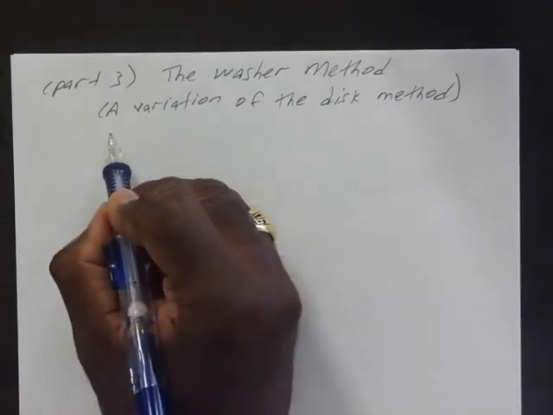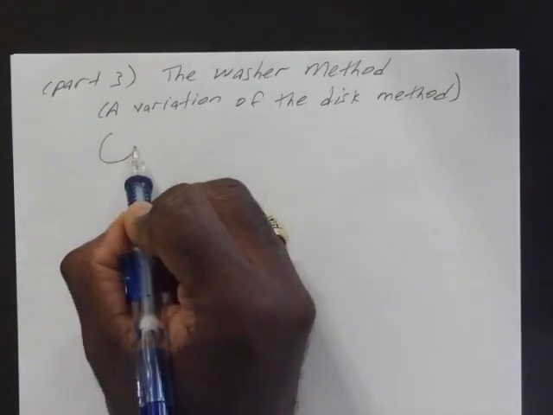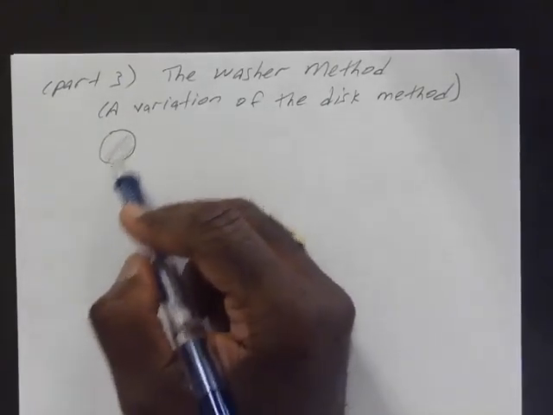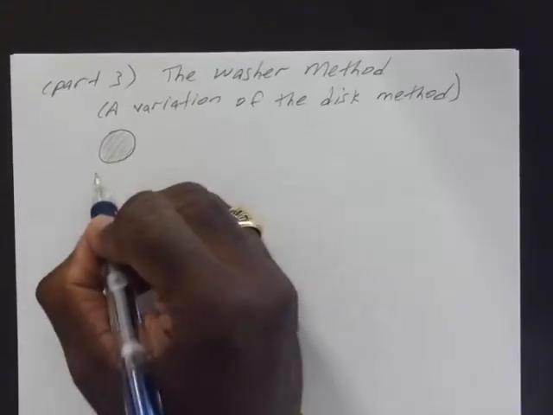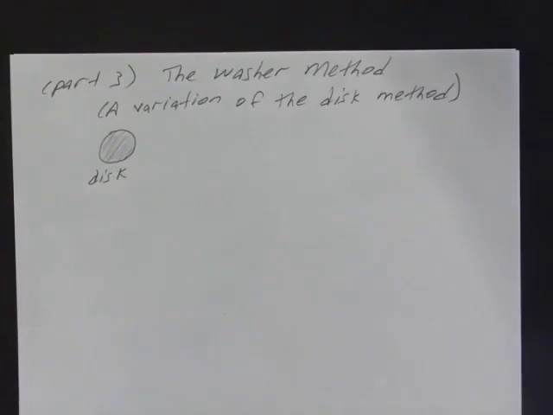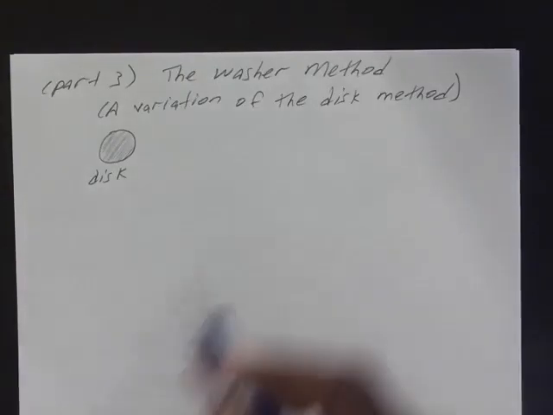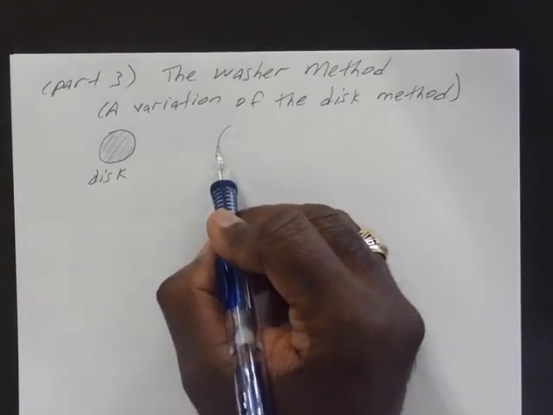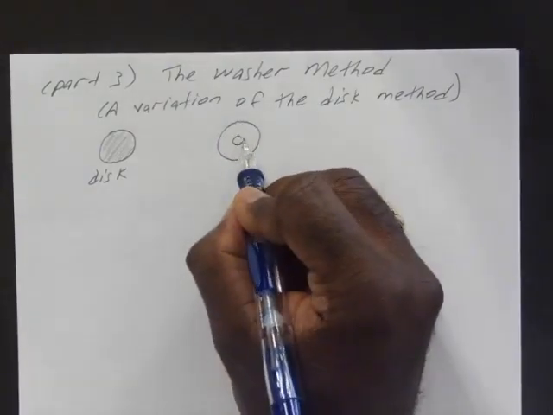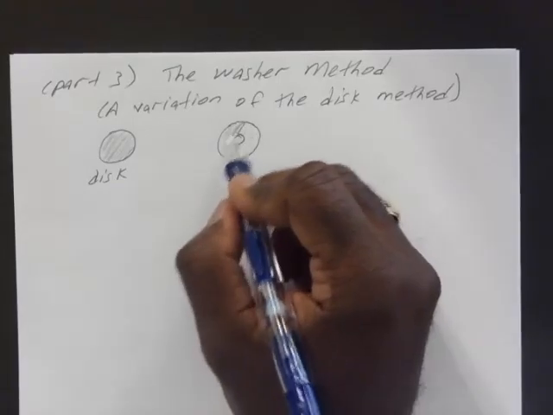Where the disk method is just a solid disk, whereas the washer method is a solid disk, but kind of a hole in the middle.